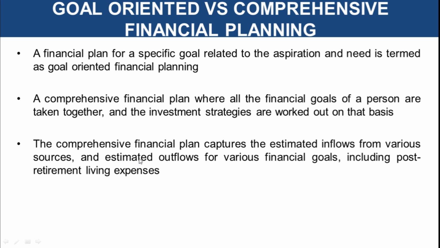All these things can be covered, not just financial planning specifically. It would consider bill planning, estate planning, tax planning, retirement planning, all that can come under a comprehensive financial plan, which is being recommended to the client or investor. So this is the difference which you need to understand between goal-oriented and comprehensive financial planning.